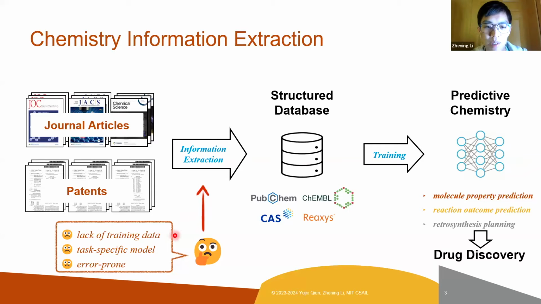There's also been recent work that uses deep learning models to do information extraction, but this also faces various challenges, such as the lack of training data, and the fact that for different predictive chemistry tasks, we want different sorts of labeled training data. So we need task-specific information extraction models for these different tasks. And finally, these systems all are prone to error.